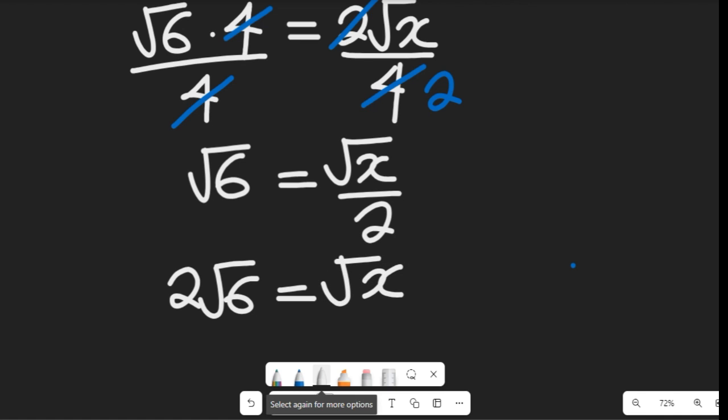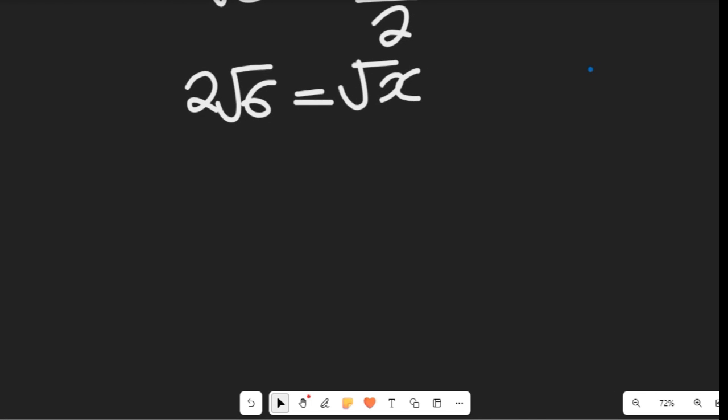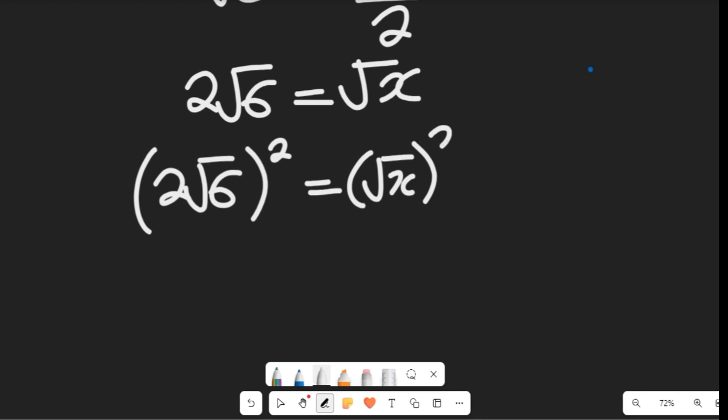Now recall that we are looking for the value of what? Of x. So what do we do here in order to find the value of x? To find the value of x, I'm going to take the square of both sides. So this will give me 2 root 6 all squared equal to the square root of x all squared.